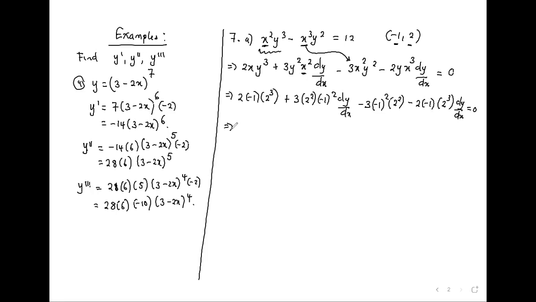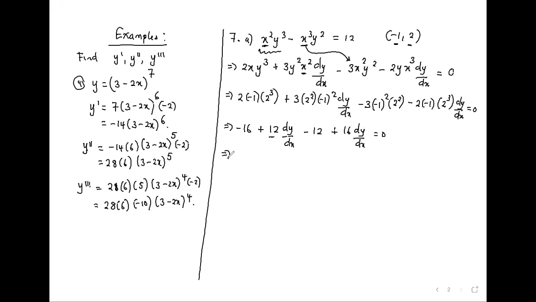So that we get -2 by 8, this will be -16. And then that is 1, 4 by 3, we get 12 dy/dx. And then minus 3 by 4, we get 12. And then plus, we get 16 dy/dx is equal to 0.